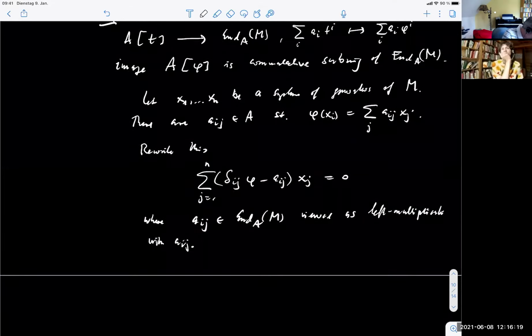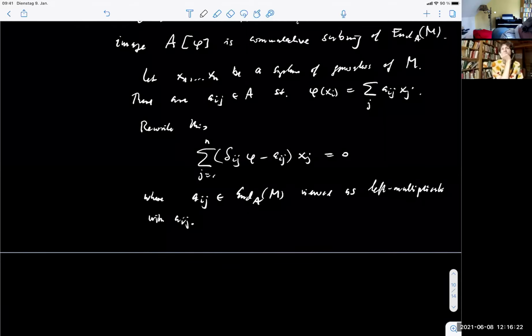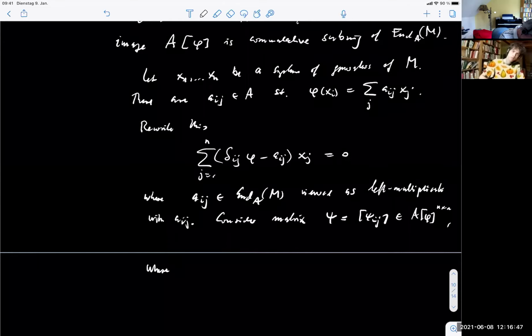Good. So now comes the matrix psi. It has the entries psi_ij, and the matrix is over this ring. So psi_ij is defined as this expression, exactly the matrix entry.